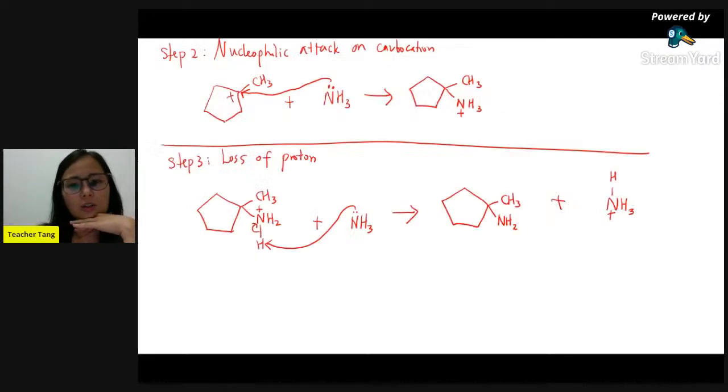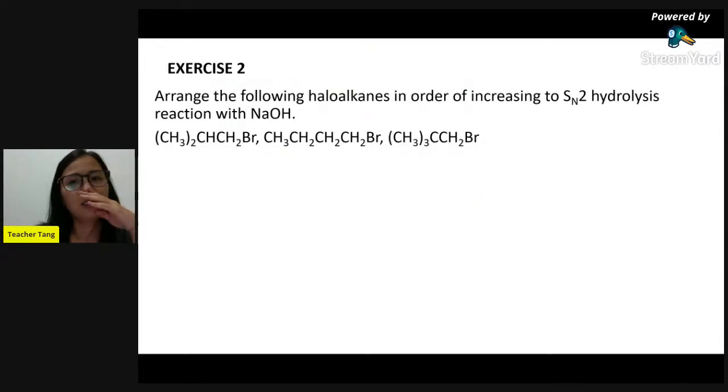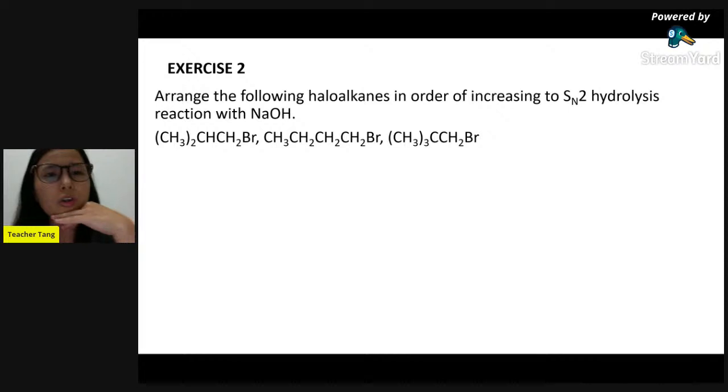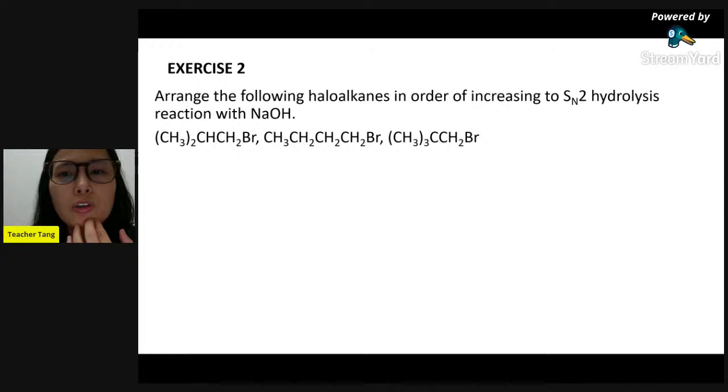Okay, so we quickly do exercise number 2. Arrange the following haloalkanes in increasing order of SN2 hydrolysis reactions with sodium hydroxide. So again, SN2 reactivity is determined by steric effect.